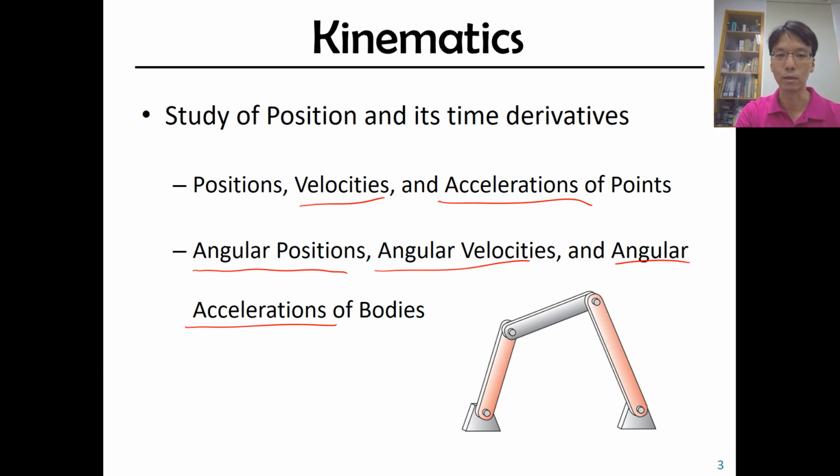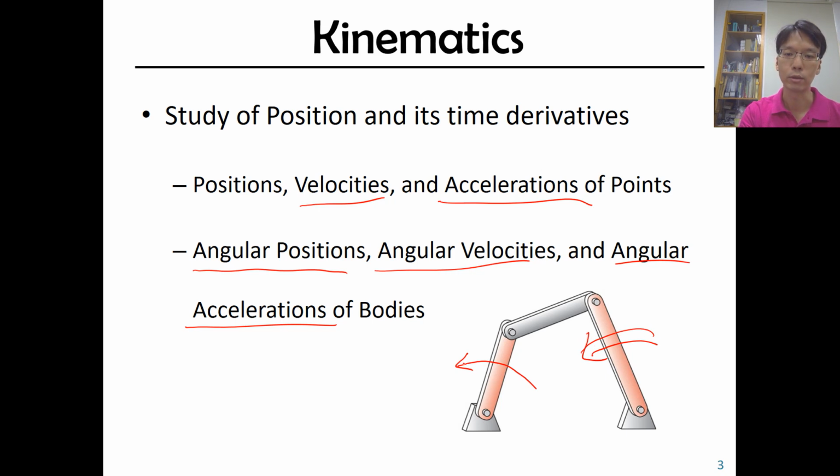Let's see the mechanism. So kinematics, what we will learn is, take this one as example. If we provide input here on this bar, we expect some motion will happen on this output link. So kinematics will help us to calculate if we input a known motion here, what would be the output motions.